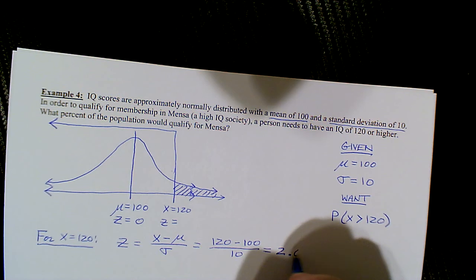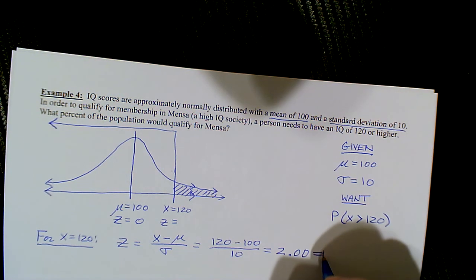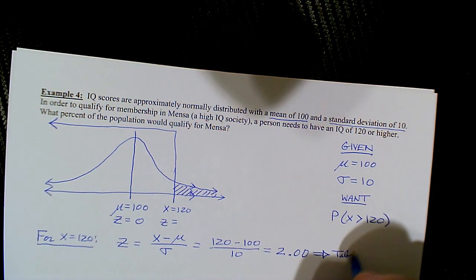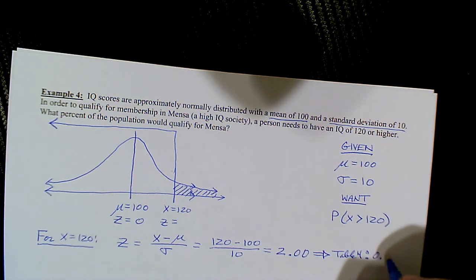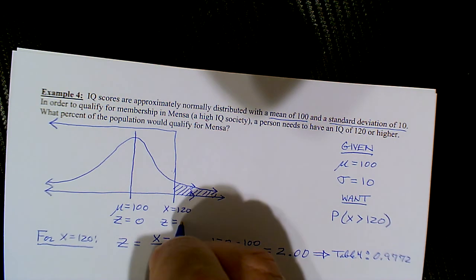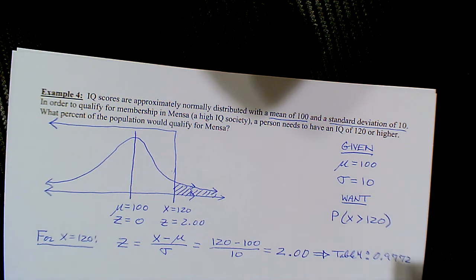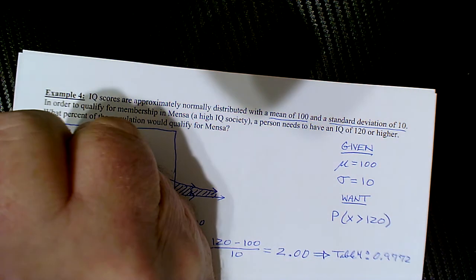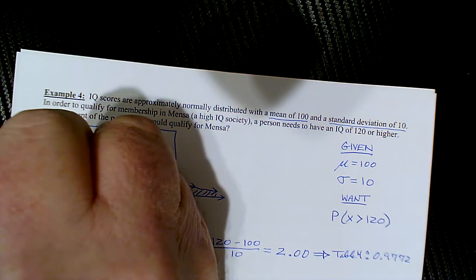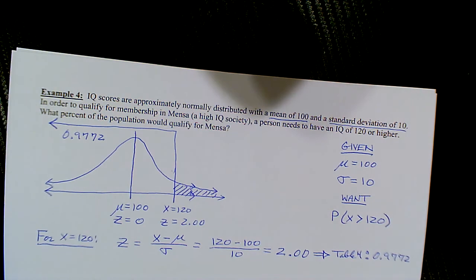I'll say it's 2.00 because then when we go to table 4, the area we find is 0.9772. Okay, so let me label that z-score is 2.00 and my area is 0.9772, but that's not the area we're looking for.